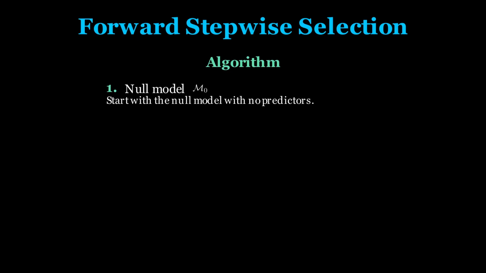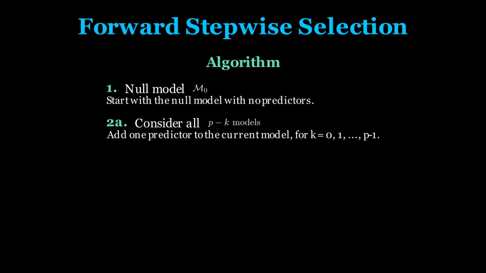In terms of the algorithm, the first step in forward stepwise selection is the same as in best subset selection. We start with the null model M0, which contains no predictors. Next, for each k from 0 to p-1, we consider all p minus k models that include one additional predictor not already in the model.